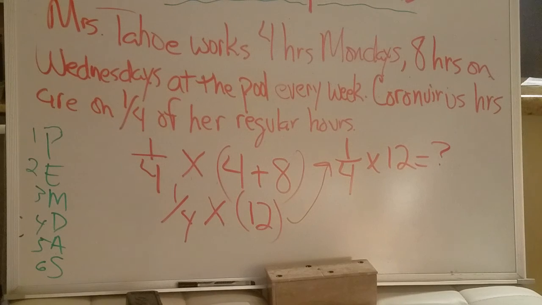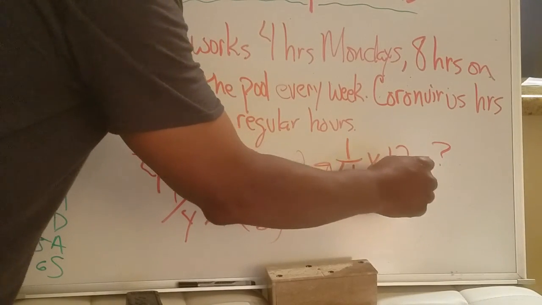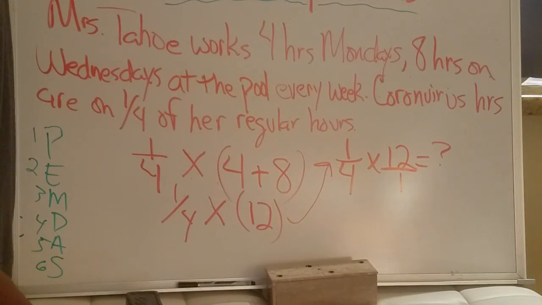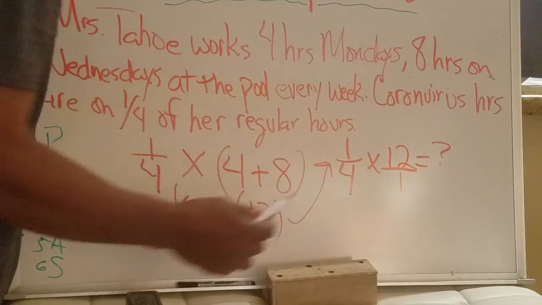Well, the nice thing I love about whole numbers is you can turn them into fractions by simply putting a 1, drawing a line and putting a 1 underneath, and now you have a fraction. 1/4 times 12 over 1.